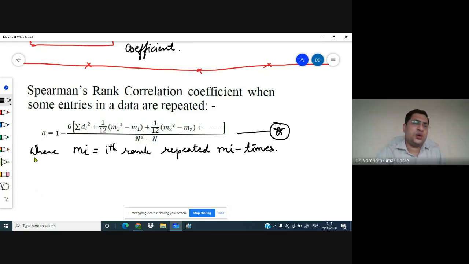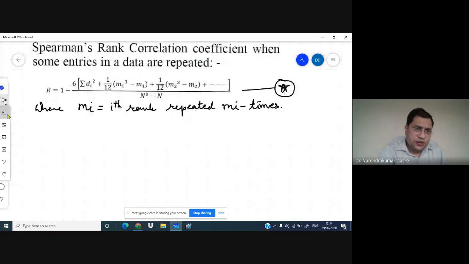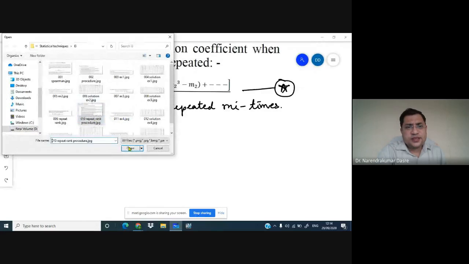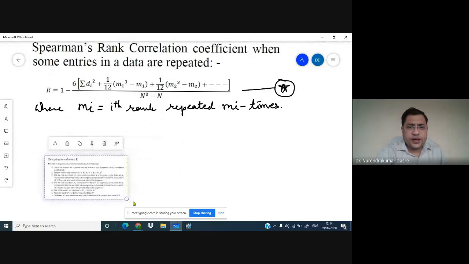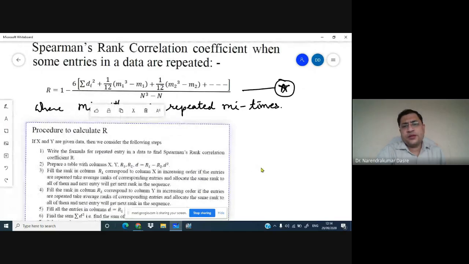Now, how do we get this repeated rank? The procedure to find this is that we consider the repeated ranks and we average them.